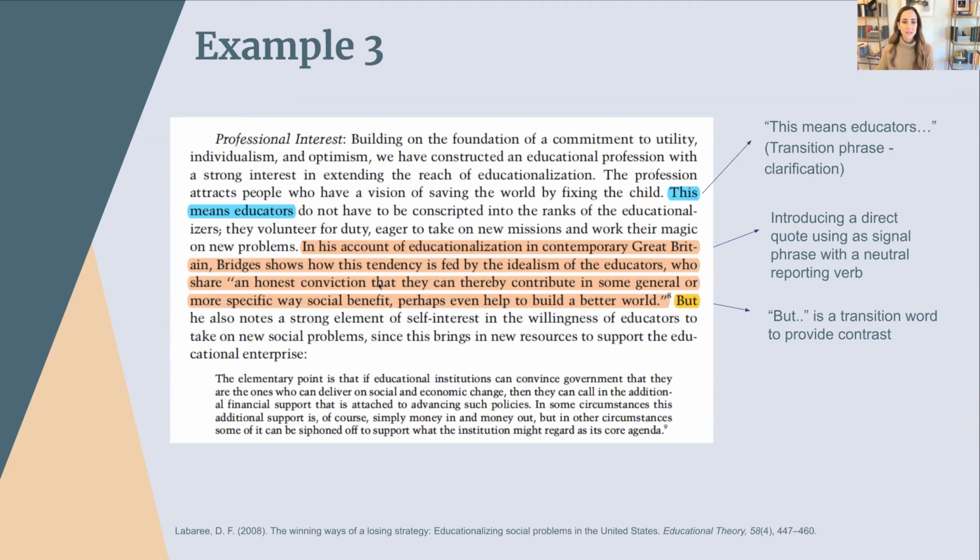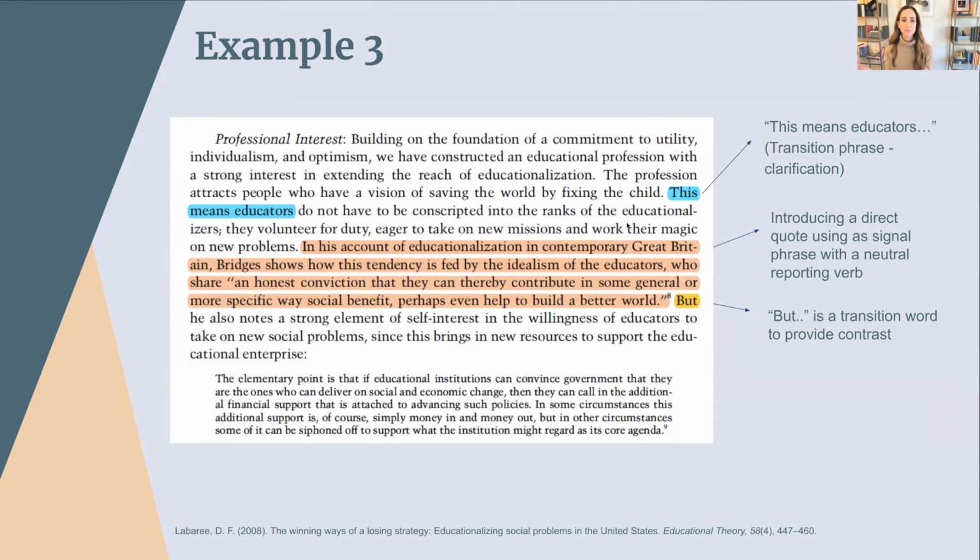And then here in this three-line sentence, this author is introducing a direct quote using a signal phrase with a neutral reporting verb. So in his account of educationalization in contemporary Great Britain, Bridge shows, that's the reporting verb, how this tendency is... And then we have this quotation.